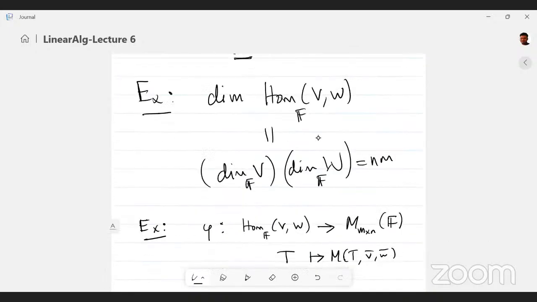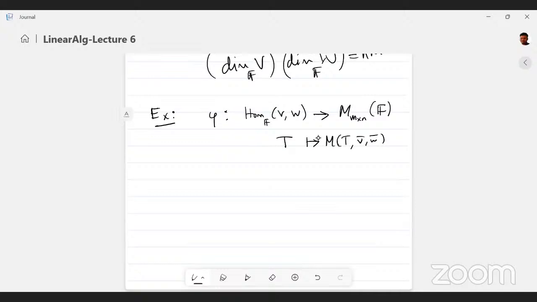So now what I'm saying is that this map I'm defining is a well-defined map, and it is indeed an isomorphism of vector spaces. This is an exercise: phi is an isomorphism of vector spaces.